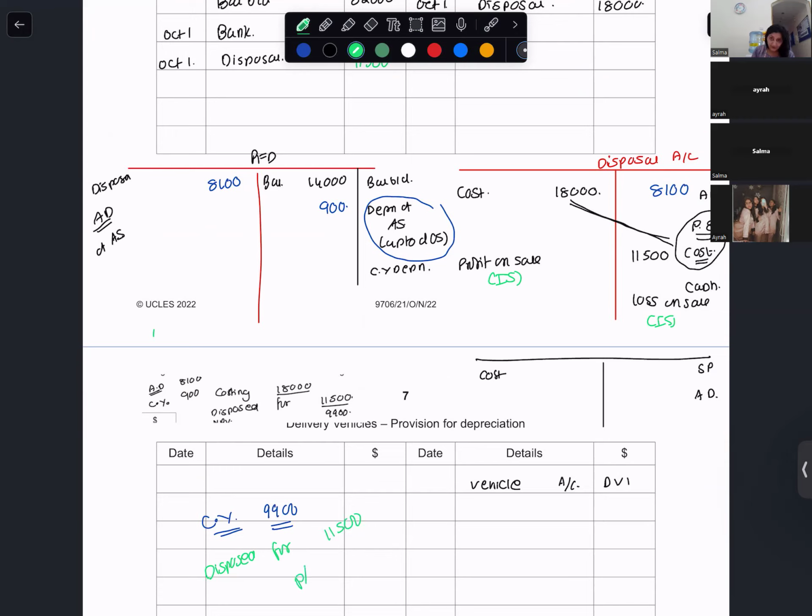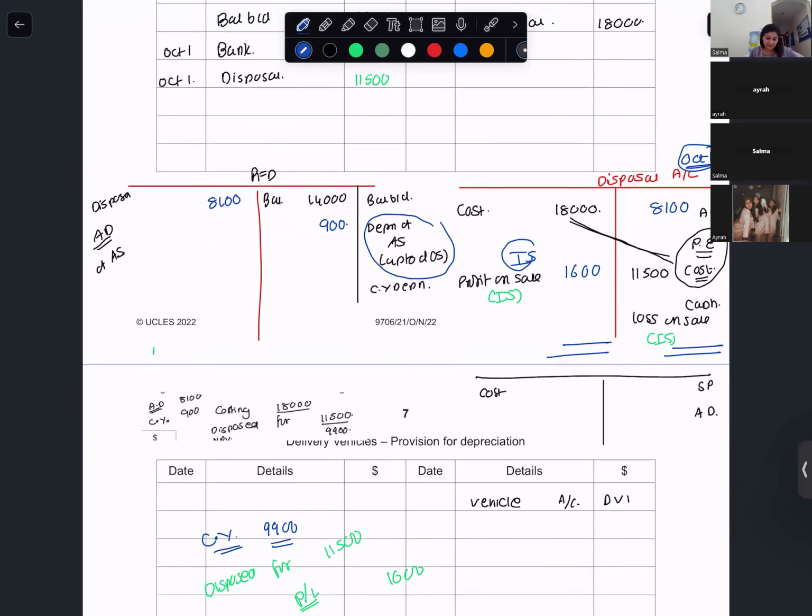So profit on the disposal of asset is 1,600. I finish my disposal. It will go to the income statement and everything will be prepared on October 1. Are you with me?